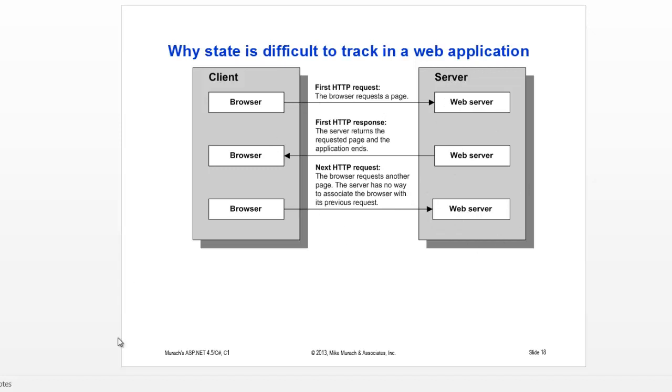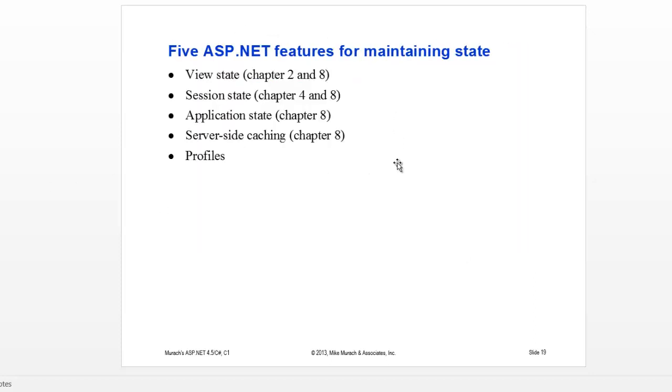So by default, HTTP itself does not manage any of that. It cannot track state. There are five ASP.NET features for maintaining state. ASP.NET does allow you to maintain state and overcomes the difficulties as an overlay on HTTP.